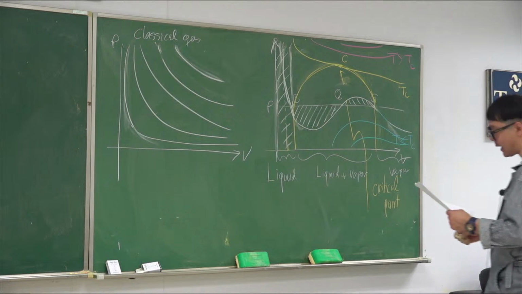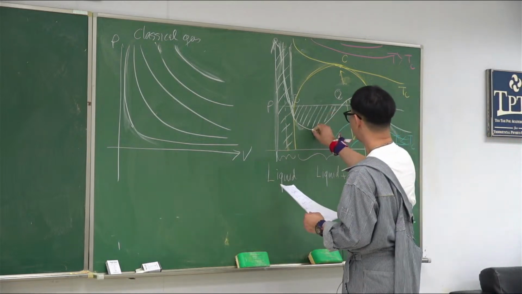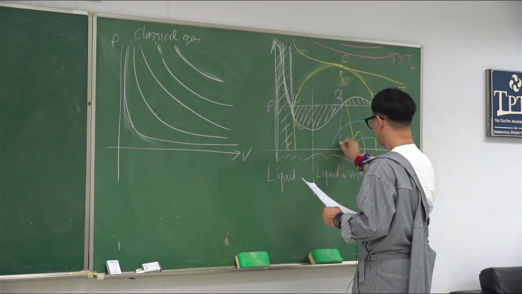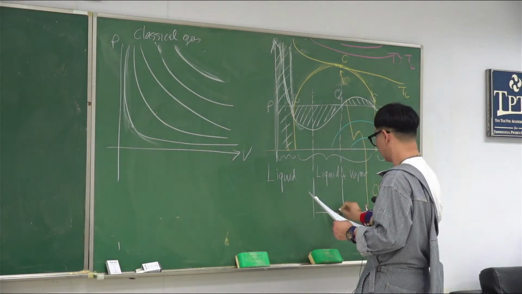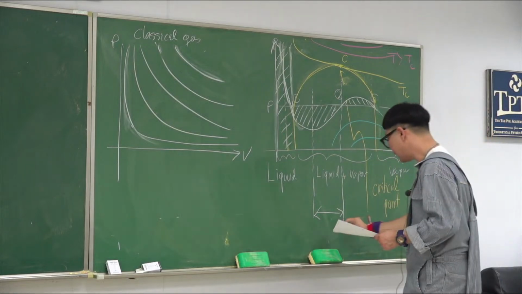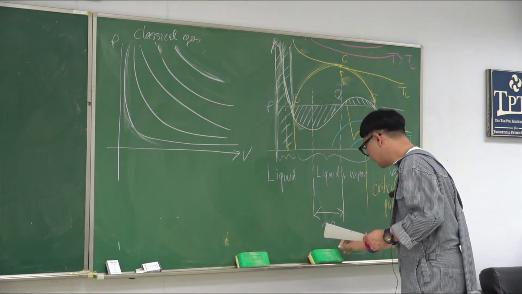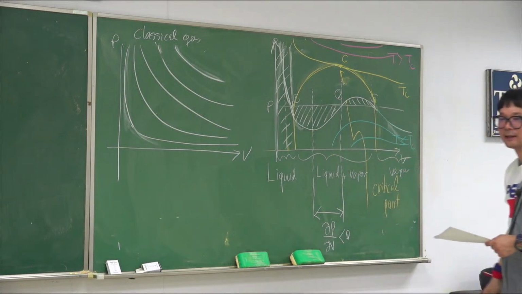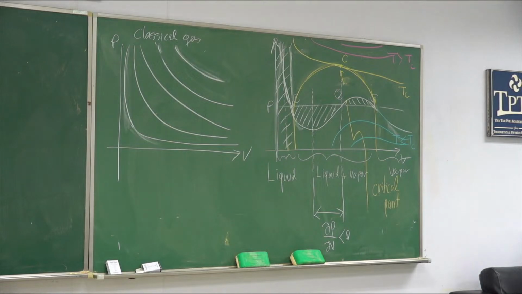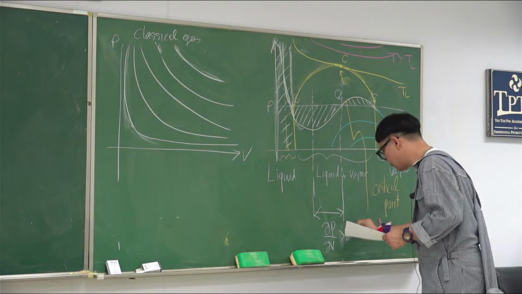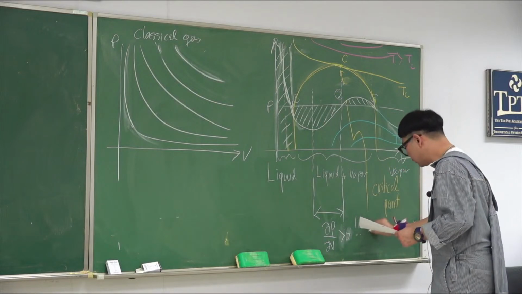We find that actually this would be the minimum, right? And if you look at the whole area here, you will find that it is less than 0, which is, oh no, it's greater than 0, which is wrong.